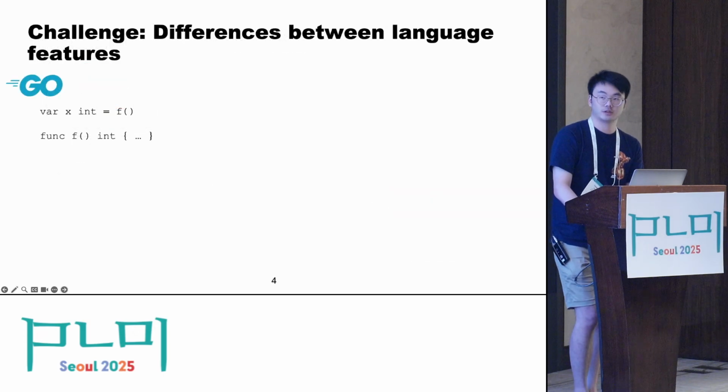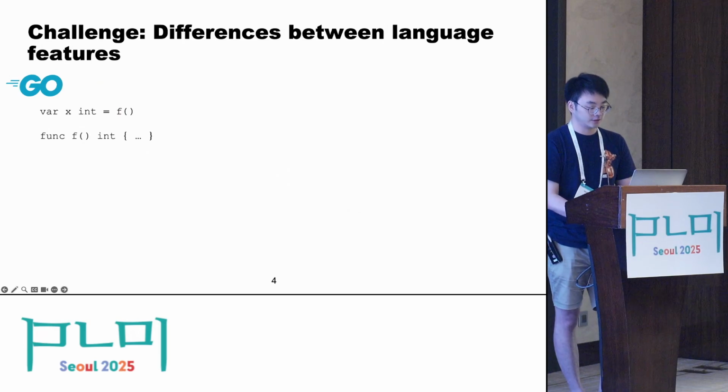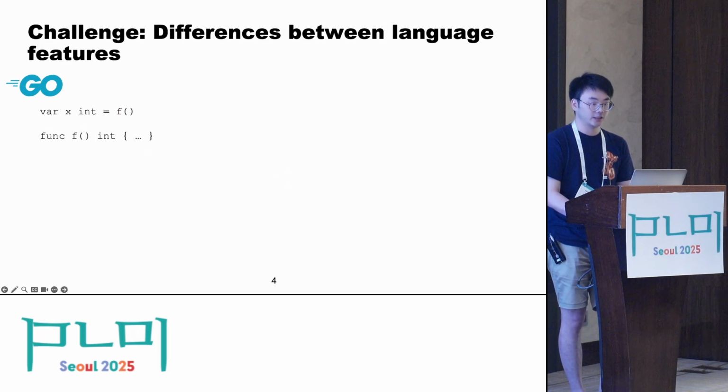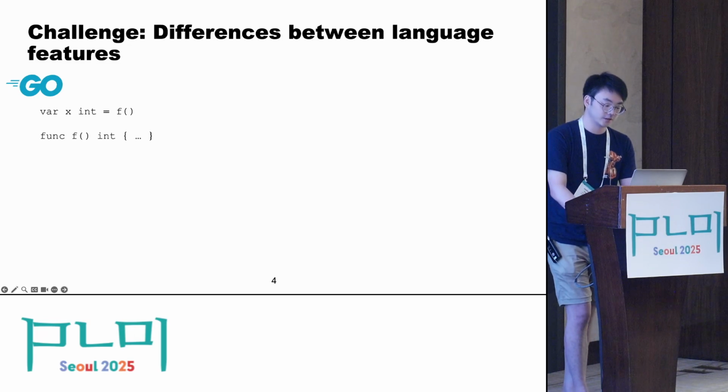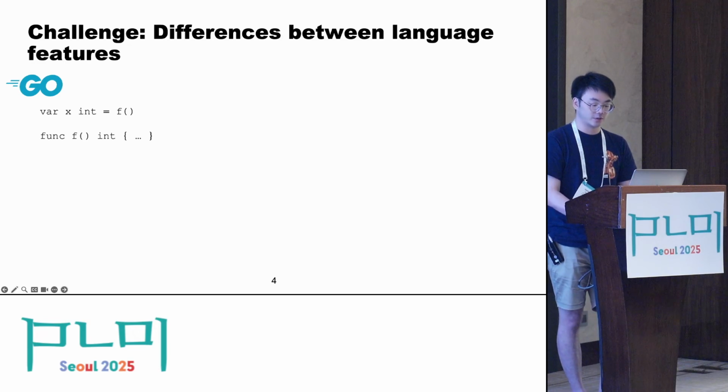When applying the modular translation algorithm, two key challenges arise. Firstly, we discover that LLMs are often unreliable when translating features of the source language that do not have a direct mapping to the target language. For example, in this Go program, a global variable x is initialized by calling a function.